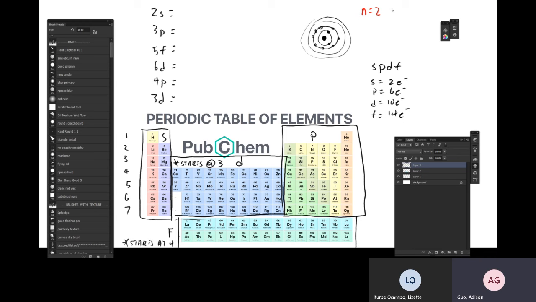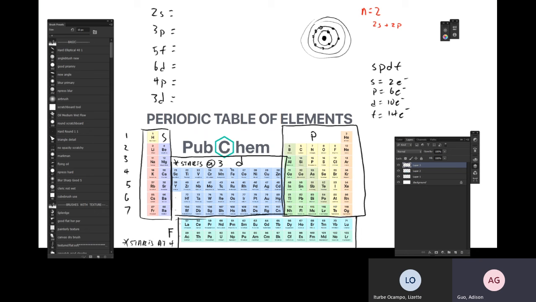That's going to have the 2s orbital and the 2p orbital. So that's the 2s over here and the 2p. That's going to be true for pretty much the entire periodic table. So this is going to be the 6s, and this is going to be the 6p, 7s, 7p.